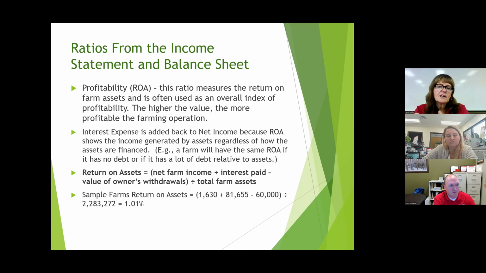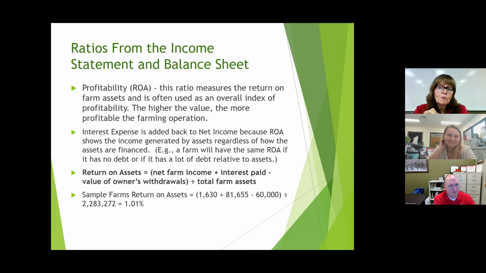What they will do instead is just say, you know what, you're taking $60,000 out for living expenses. We're going to use that as the value of the owner withdrawals. Calculate that and then divide it by the total farm assets of $2,283,272. And that ROA is 1.01%, which does not seem like very much.